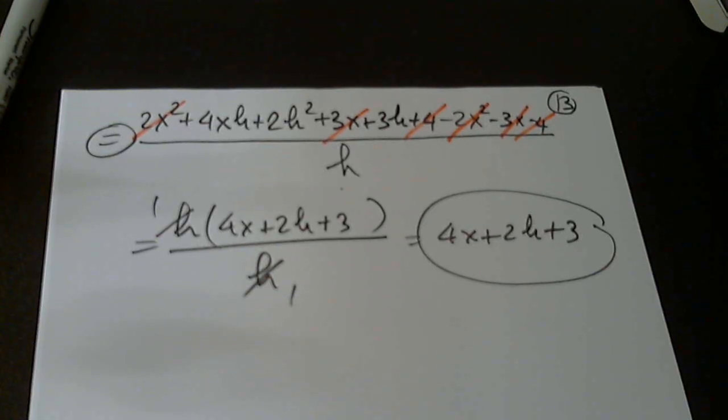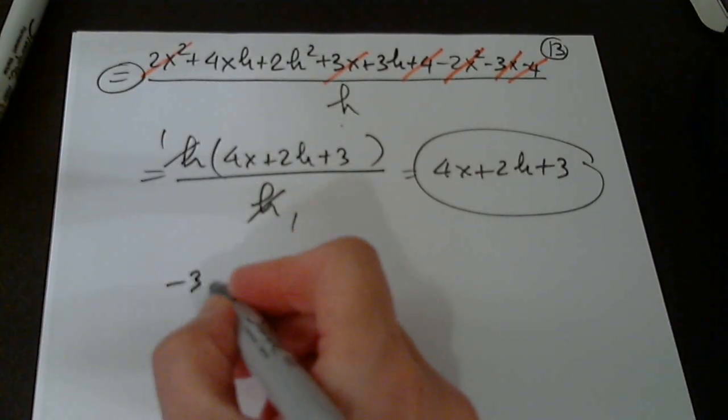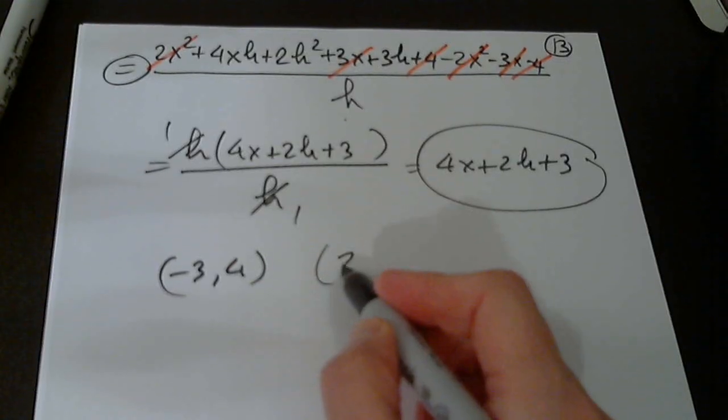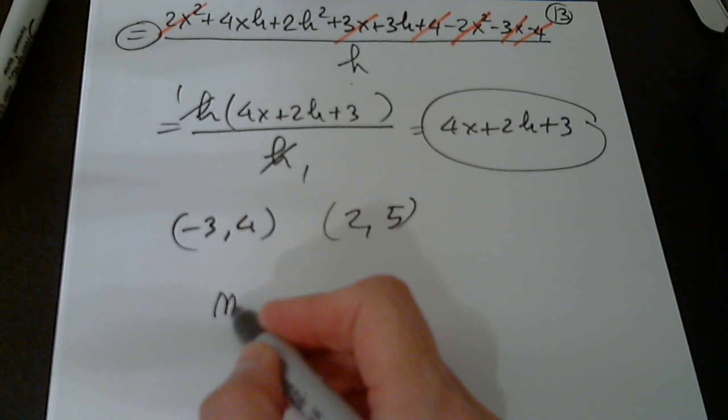Good. Look at your homework and tell me what you need, or any other topic that you want to go back to, please. If you're given a point -3, 4, and another point 2, 5, how do you determine the slope?